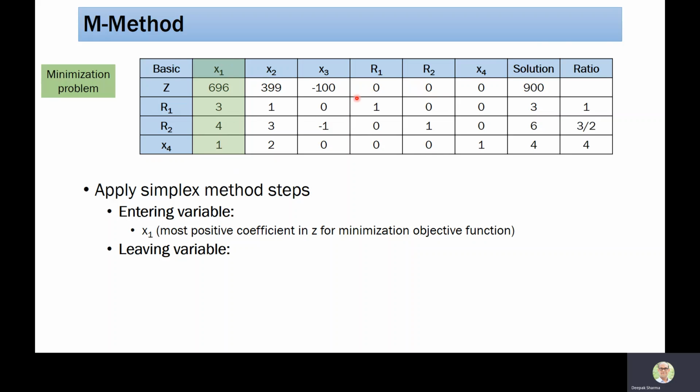Then we can find the ratio: 3 divided by 3, 6 divided by 4, 4 divided by 1. I get the ratios, and the leaving variable will correspond to the minimum non-negative ratio, which is R1. So we find R1 is going to leave. I get the pivot column corresponding to the entering variable, and the pivot row corresponding to the leaving variable.